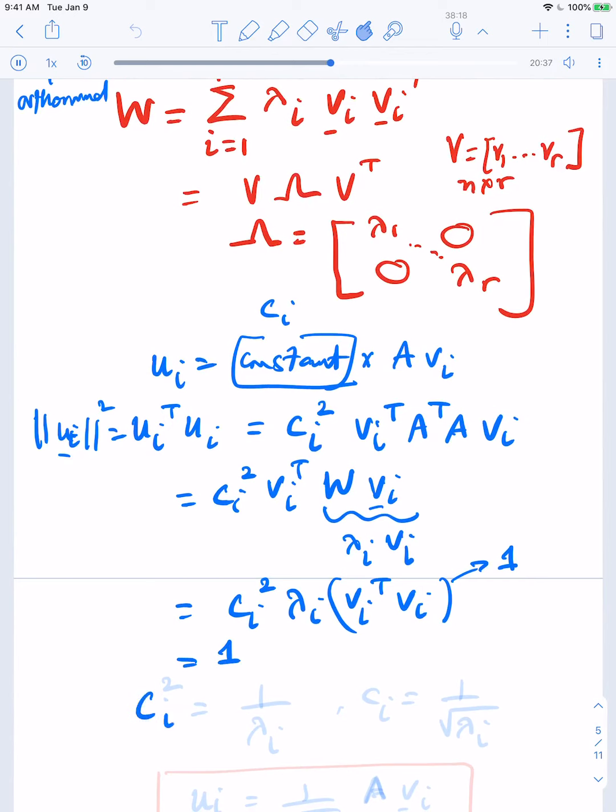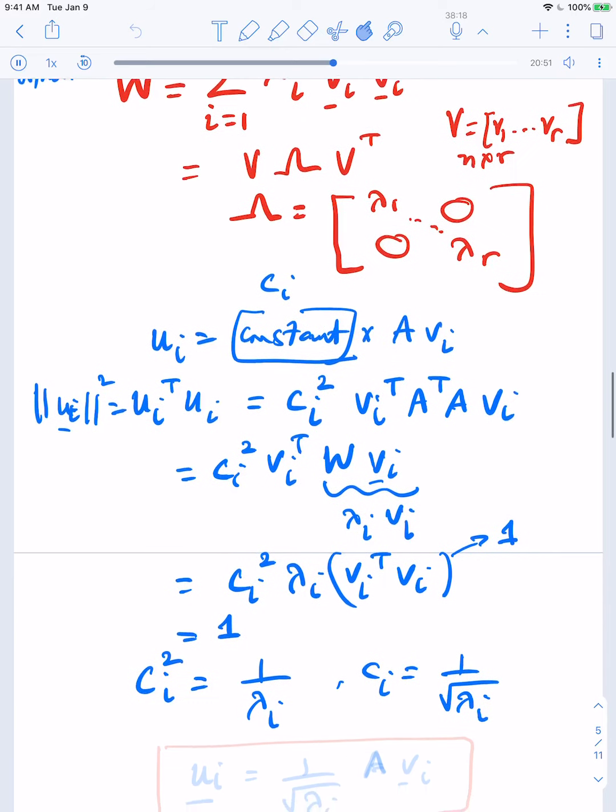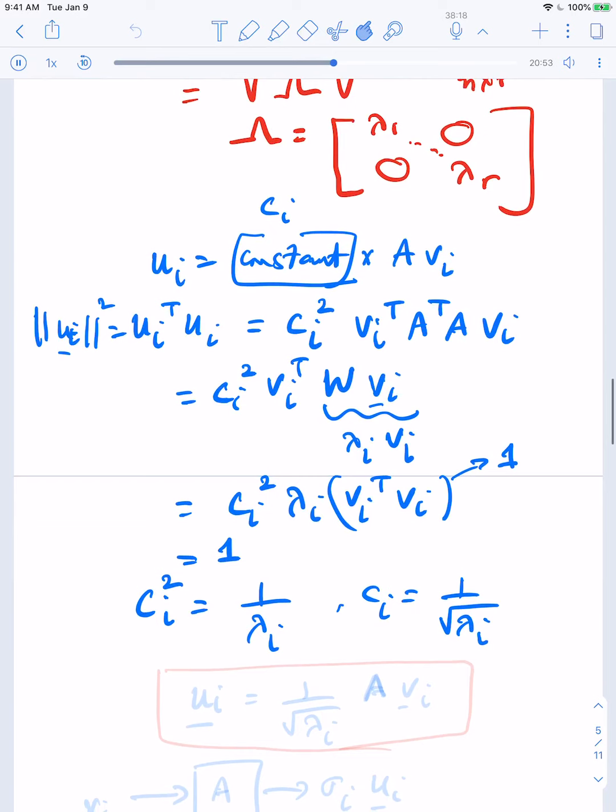What does it tell you? That Ci squared is going to be 1 over lambda i, or Ci is 1 over root lambda i, which is fine because lambda i is strictly positive.